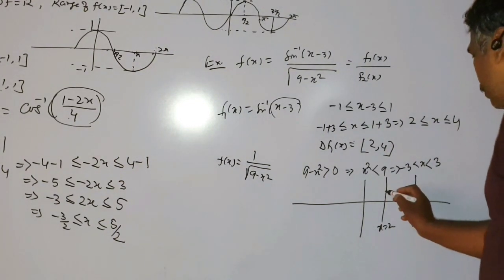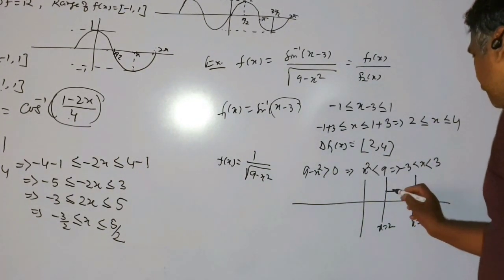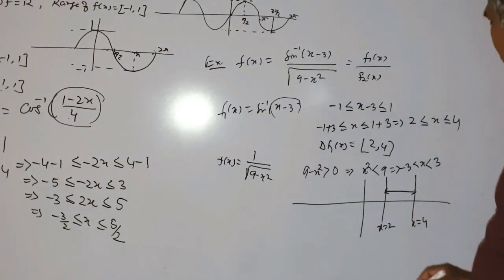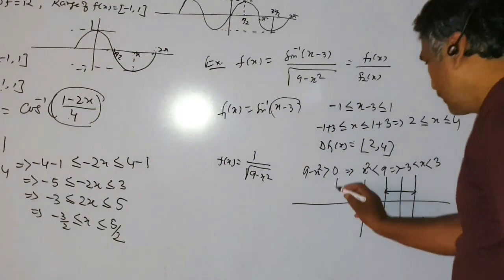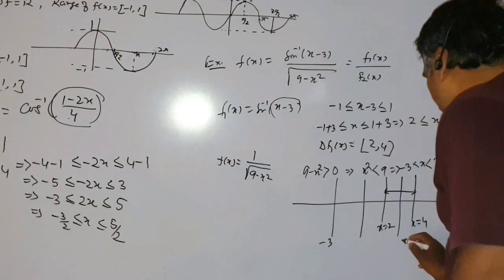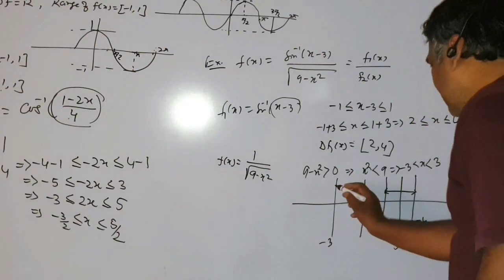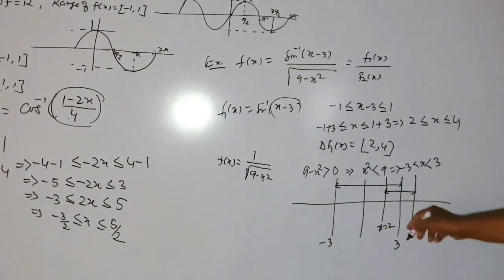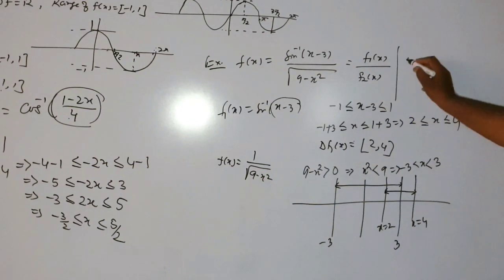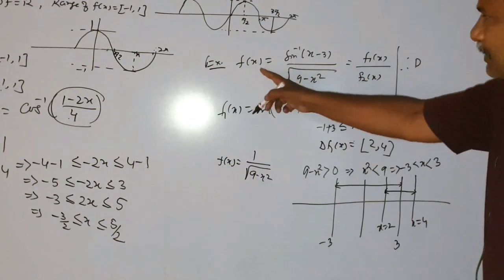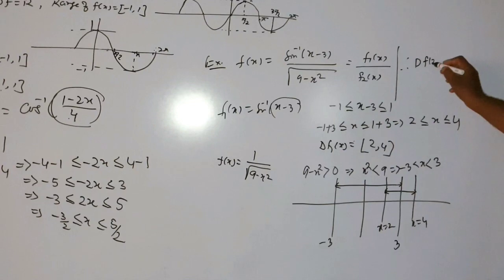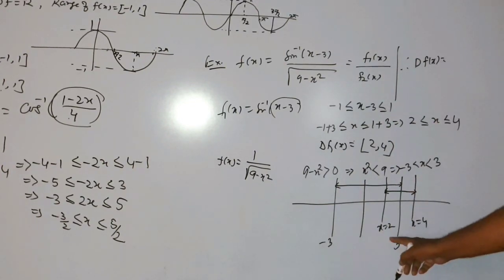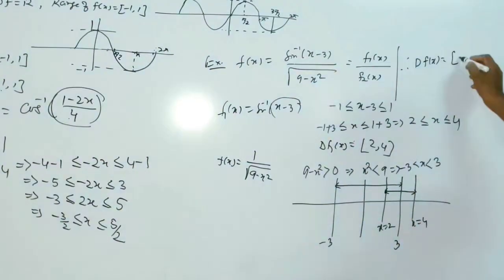The first one is 2 to 4, and the second one is minus 3 to plus 3. If you combine these two, the domain of this function f of x is greater than 2 and less than or equal to 3, so 2 to 3.